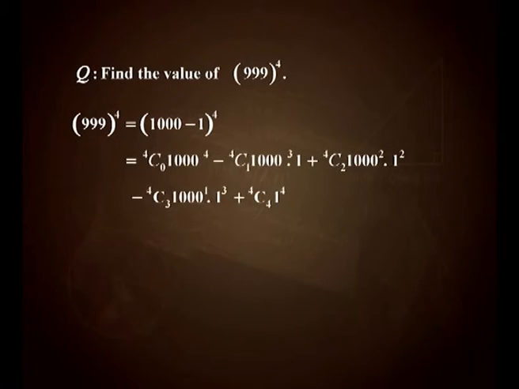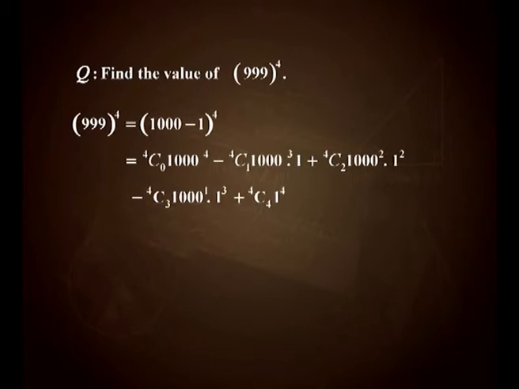Applying binomial theorem, I get 5 terms where the first term of course is 4C0 1000 raised to power 4 minus 4C1 1000 raised to power 3 times 1 plus 4C2 1000 raised to power 2 into 1 squared minus 4C3 1000 raised to power 1 into 1 cubed plus 4C4 1 to the power 4.